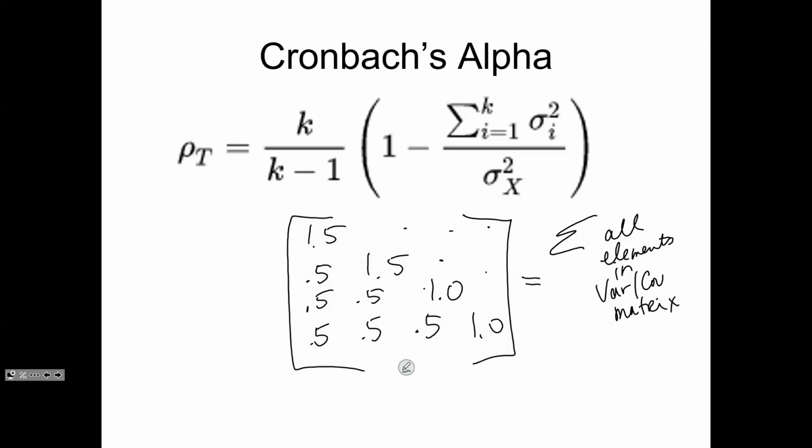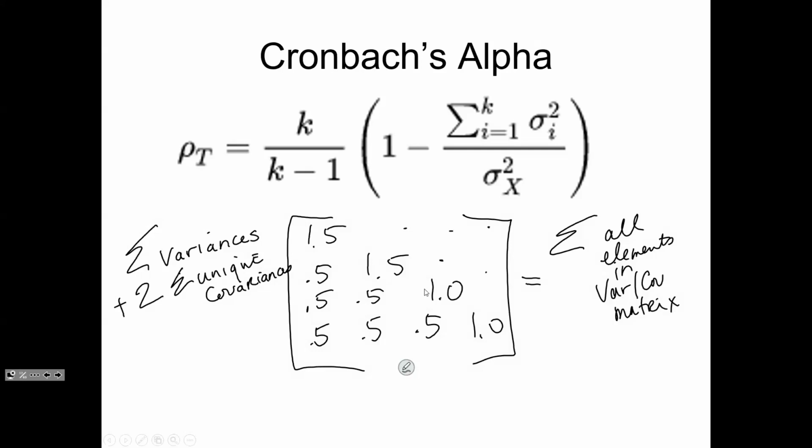So in that case, I can get it by taking the sum of the variances, the diagonal, plus 2 times the sum of the unique covariances. I say unique here, I don't mean uniqueness. I just mean, remember, the same thing is always above and below the diagonal.